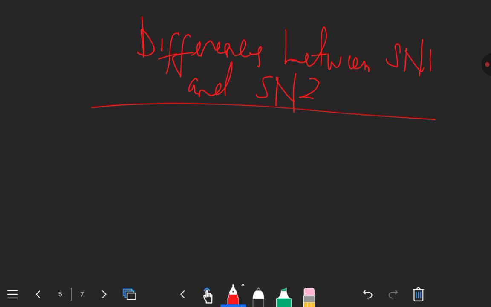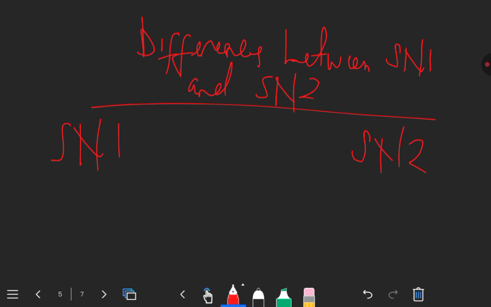substitution. The first difference we must understand here, if I say SN1 this side, SN2 this side, one thing we need to understand about these two nucleophilic substitutions, just like the name SN1 suggests, is that there is a nucleophilic substitution which is unimolecular.